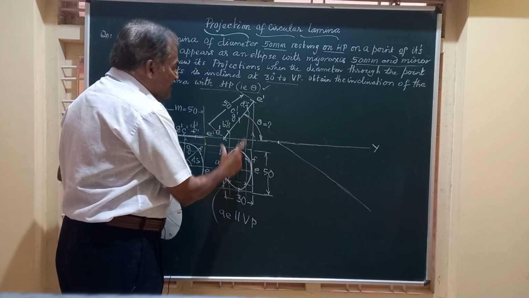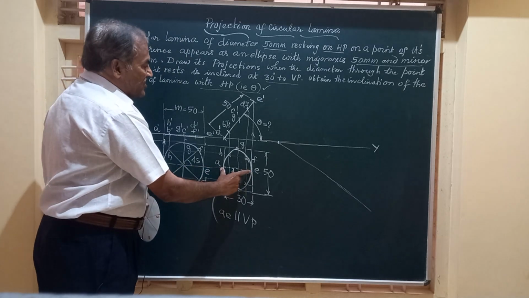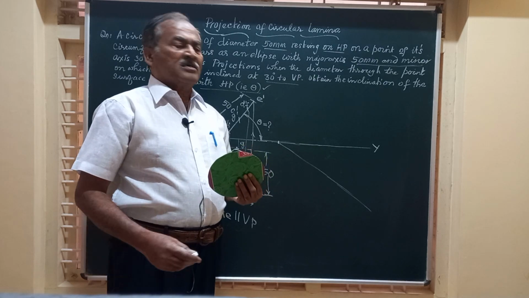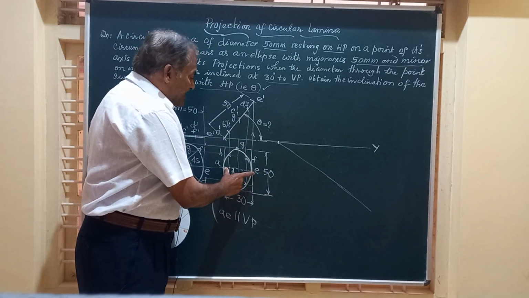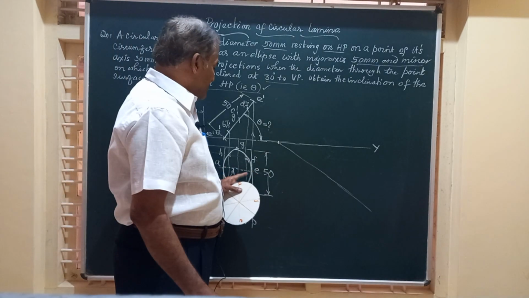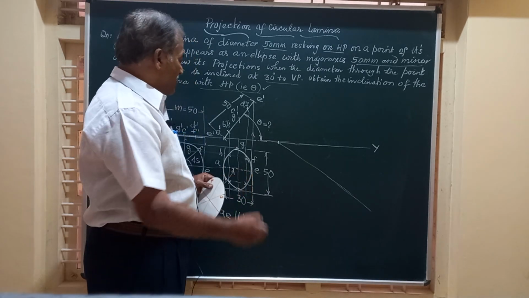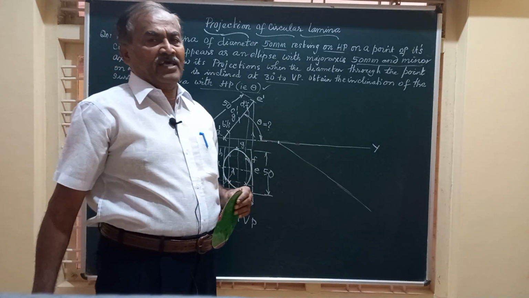Now the length is reduced. In the top view, it was 50, now it is reduced. And in the question he says, the shorter edge or the minor axis of the ellipse is at an angle of 30 degrees to VP. So friends, if you observe the length of this, there is a reduction in the length.